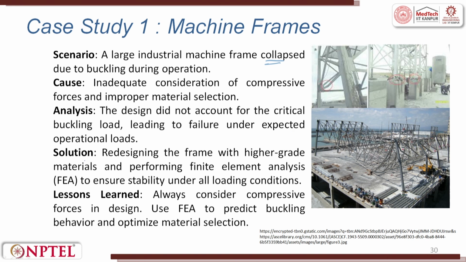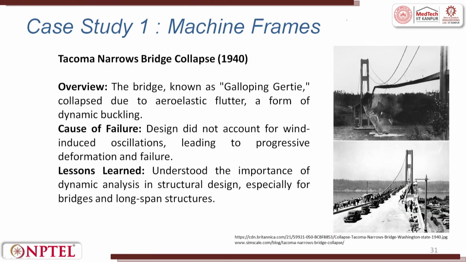The solution is to redesign the frame with high grade material and perform finite element analysis to ensure stability under all loading conditions. The loading condition can be compression, buckling, shear, or a combination of these. Lesson learned: always consider compressive force in design. Use finite element analysis to predict the behavior before you get into development.